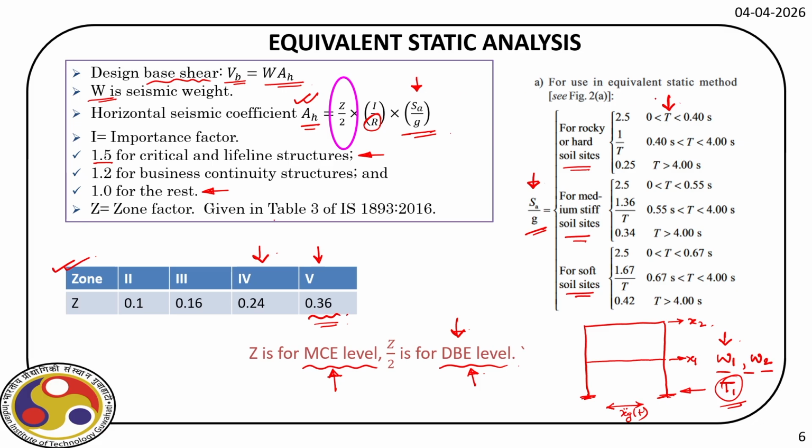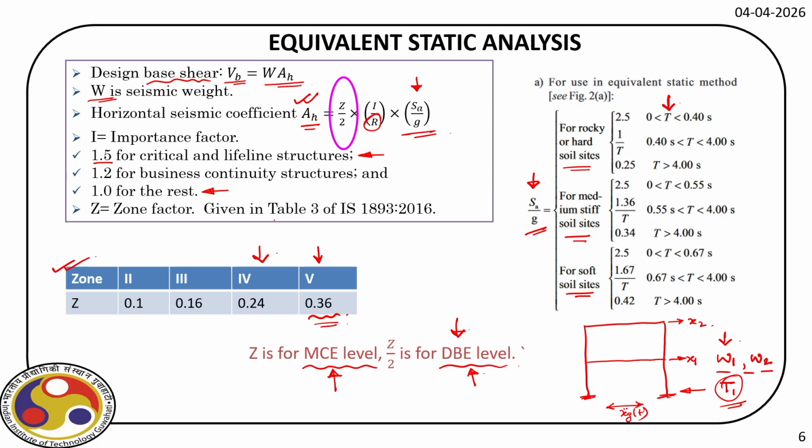So the first thing is we have to identify the first natural frequency of the structure. For that, we can adopt two different approaches. Of course, the one we discussed in the previous class, that we do a modal analysis of the structure, and from that analysis we can identify the first natural frequency and use the corresponding time period here. If you recall, our first natural frequency was most likely 3.346 or something like that.